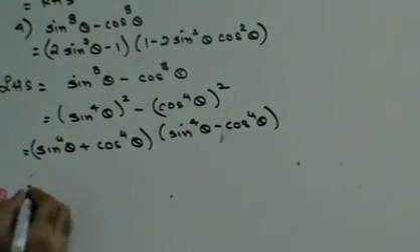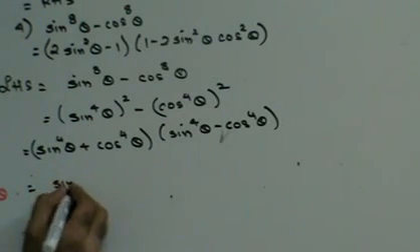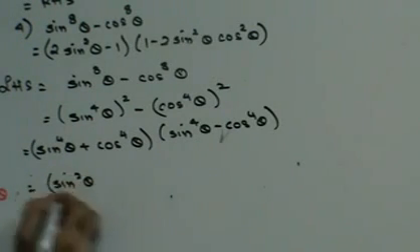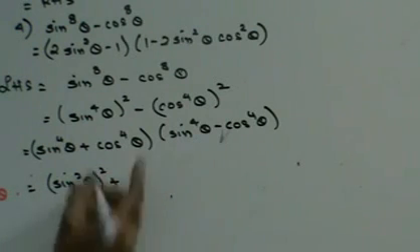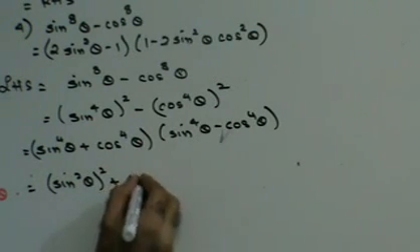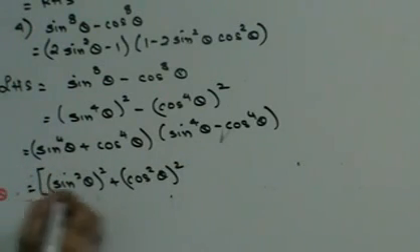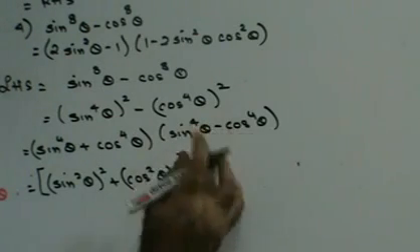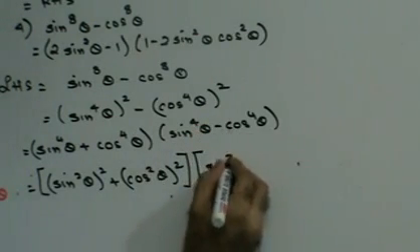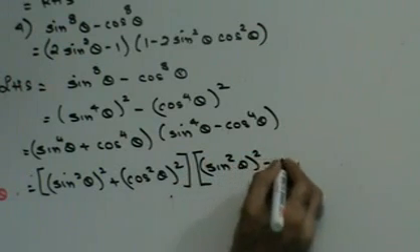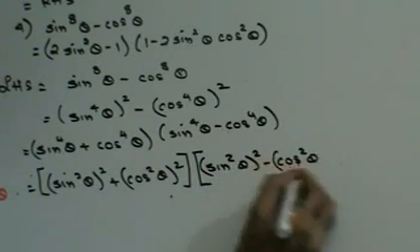Now, sin 4 theta can be written as sin square theta the whole square, plus cos 4 theta can be written as cos square theta the whole square. 4 I'm splitting as 2 into 2. Similarly, here also this can be written as sin square theta the whole square minus cos square theta the whole square.